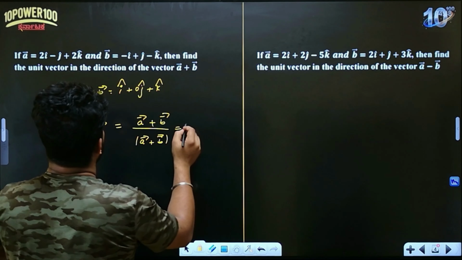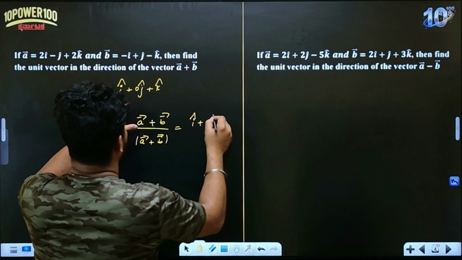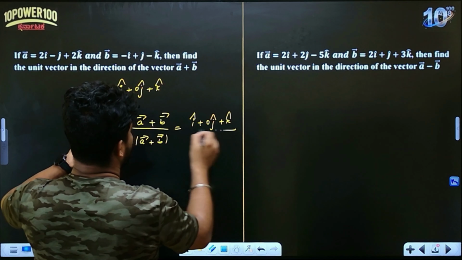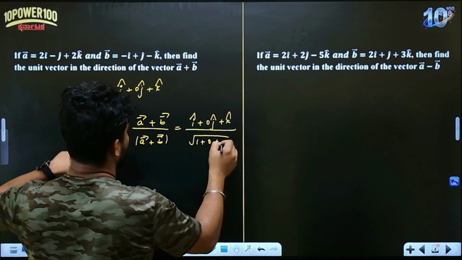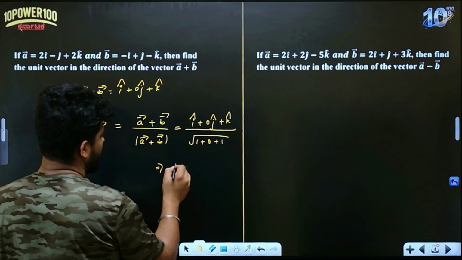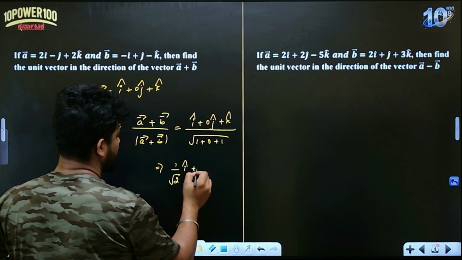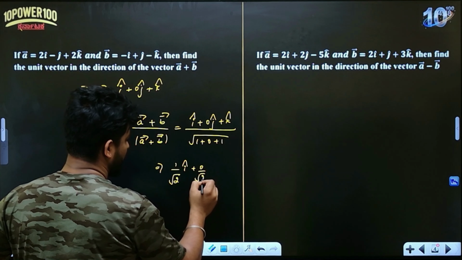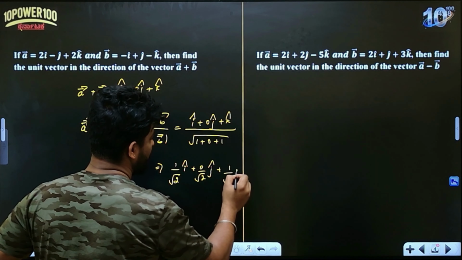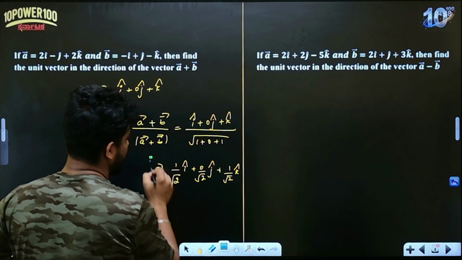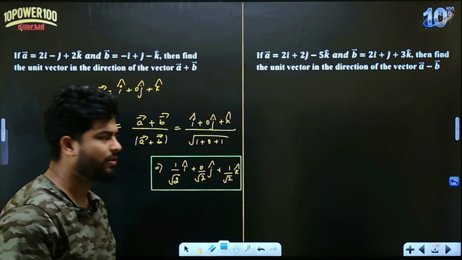So it is 1 I cap plus 0 J cap plus K cap divided by square root of 1 plus 0 plus 1. So it becomes 1 by root 2 I cap plus 0 by root 2 J cap plus 1 by root 2 K cap. That is the answer, children. I hope this is clear. Very simple concept. Okay, now you know how to find it out.